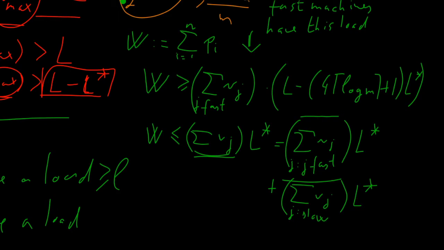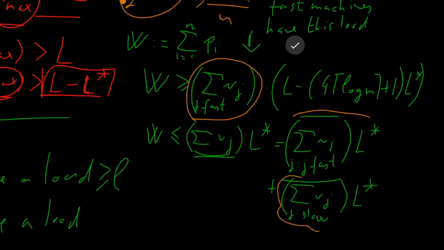Now, because this is something we have seen already, the sum of the fast machines appeared here as well, so we just have to rewrite this part.